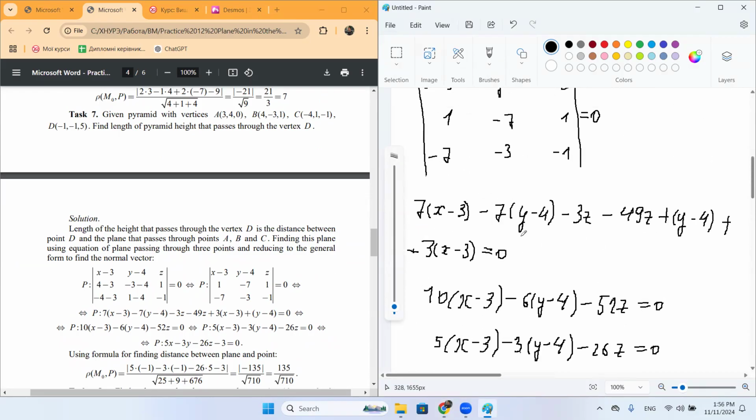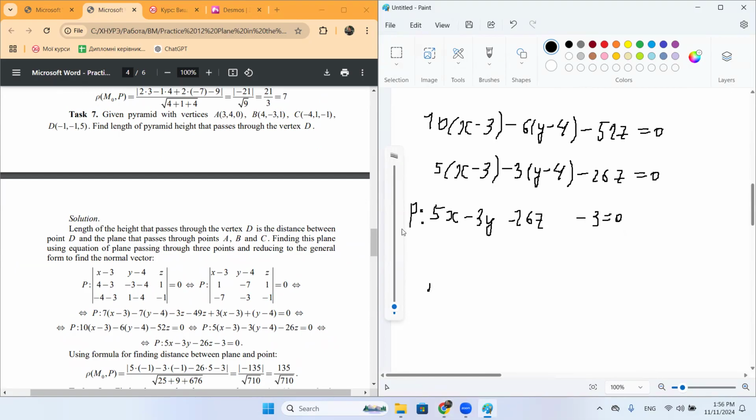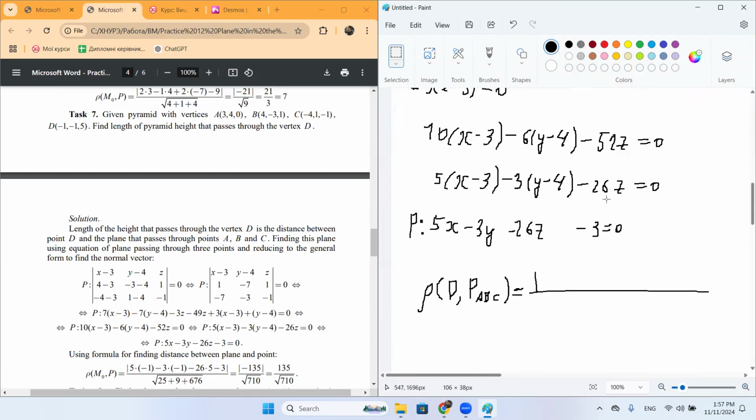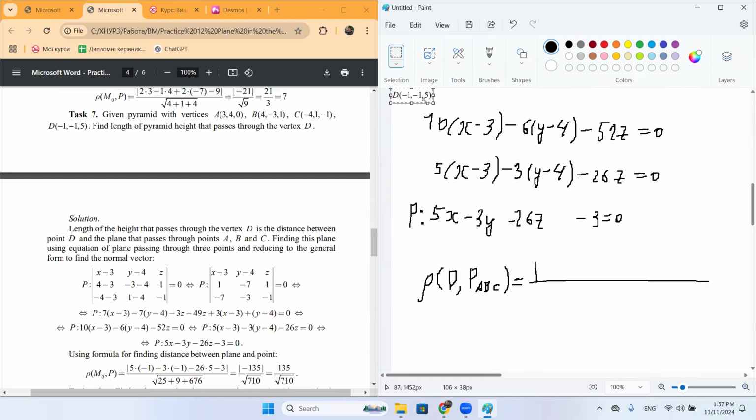So, and now let's use the formula of the distance. So d, so minus 1 5. Okay, let me copy and paste it to return back every time.